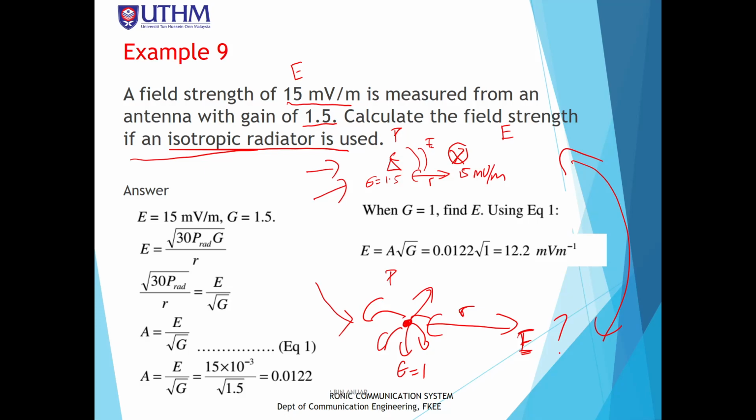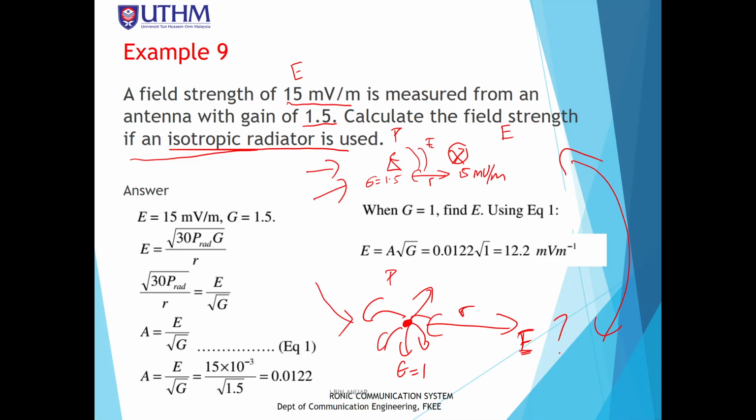Now there are two variables that we don't know. The power, we don't know how much is the power. The distance, we don't know how much is the distance, but we know about the gain. Kita tahu tentang gain. Gain for the isotropic radiator is equal to 1.